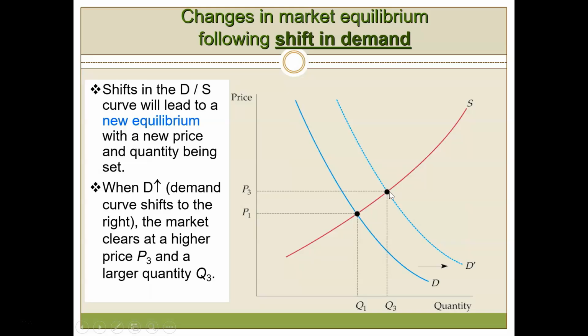As a result, our new equilibrium will now be established at this point higher along the same supply curve. In other words, the new equilibrium price will be equal to P3 and the new equilibrium quantity will be equal to Q3.